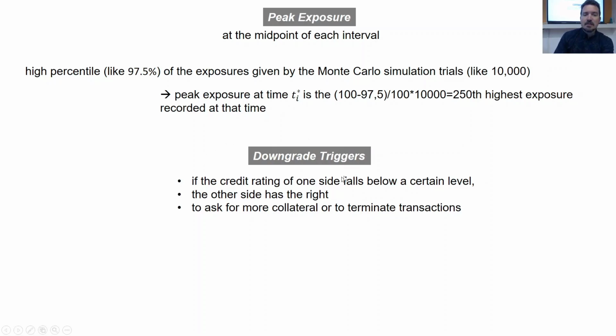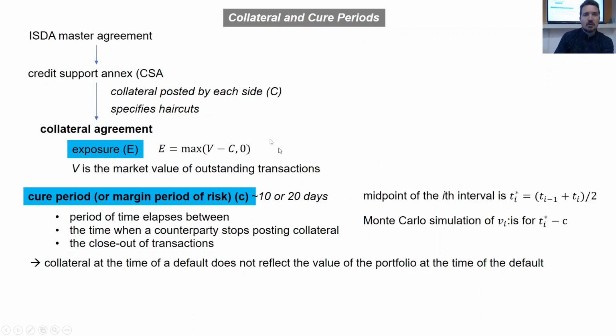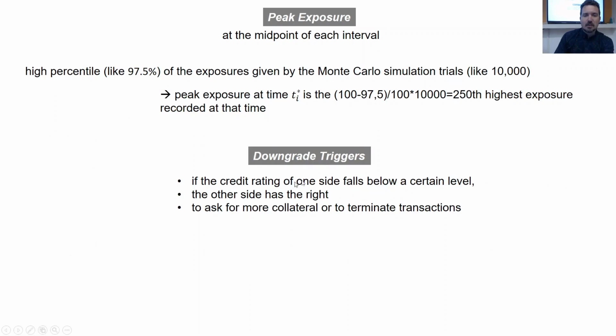Another thing can be downgrade triggers. In the ISDA master agreement and in the credit support annex, they should define what happens in the scenario that a downgrade is happening. If one of the counterparties or the dealer is falling below a certain level of credit rating, then the other has the right to increase the collateral or to terminate the transactions.